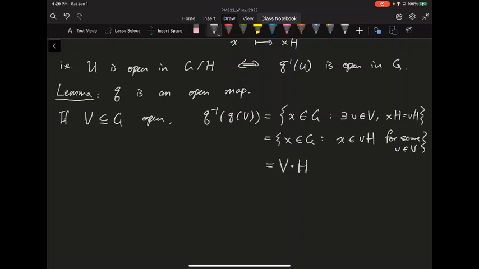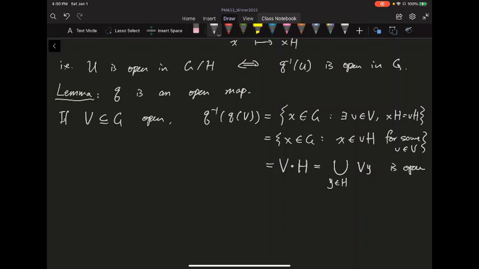Here V is an open set, and you can convince yourself this is just all the right translations of V by things in H. So you take the union over all y in H of the right translations of this open set. Each right translation is open, as we saw last time, so the union is open. So Q of V is open, and Q is an open map.